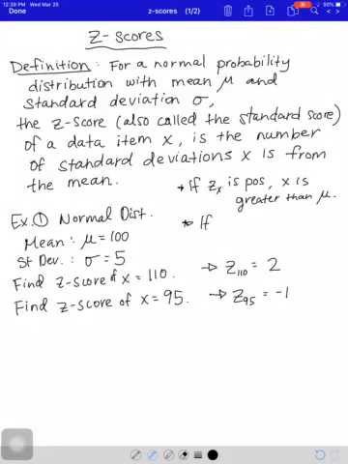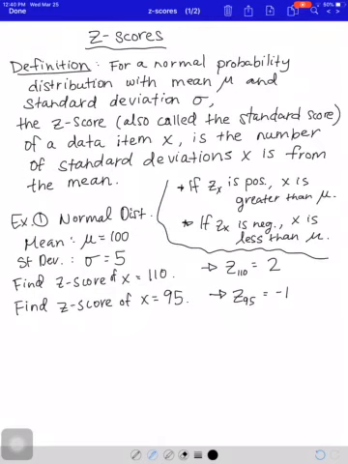Whereas if our z-score of x is negative, like in the second example, then x is less than the mean, mu. Okay, so that's just something to keep in mind. A z-score can be either positive or negative. If it's positive, then your value is above the mean, and if it's negative, then your data item is below the mean.